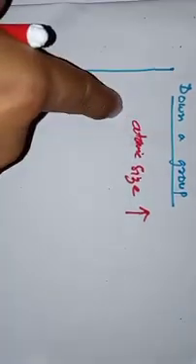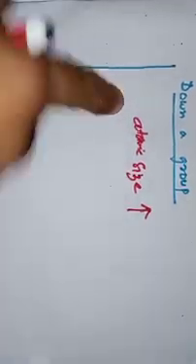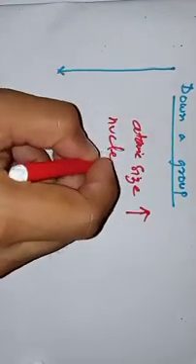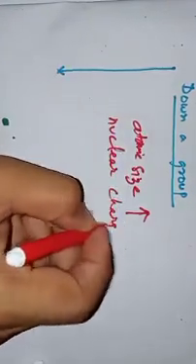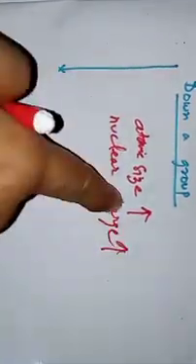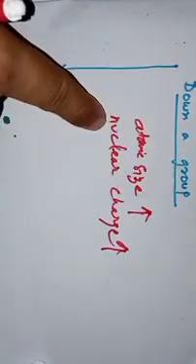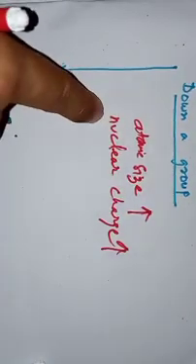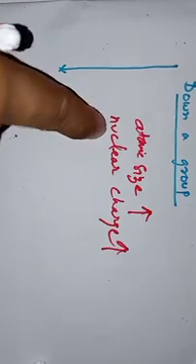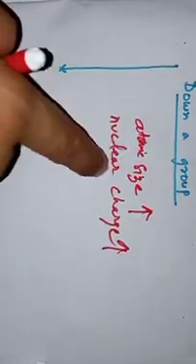If atomic size increases, electronegativity is going to decrease. But hold on, there is an increase in nuclear charge as well. So now you can argue, sir, nuclear charge increases, that means the nuclear pull increases, and the tendency to attract electrons increases.